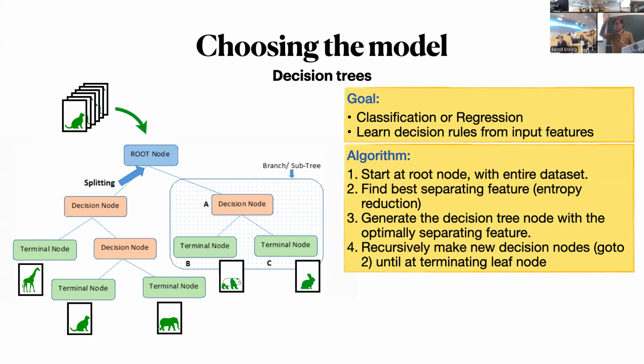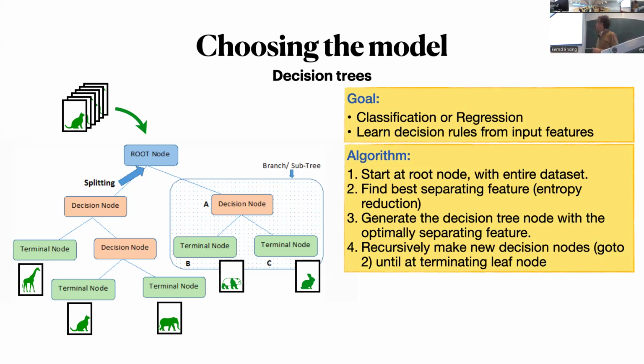So maybe one column has a molecular weight and another one has a melting point, etc. And so what you will do is, you will try all of them. Well, the algorithm will try all of those features and figure out which one does the best separation into group A and group B, that is, classifying.